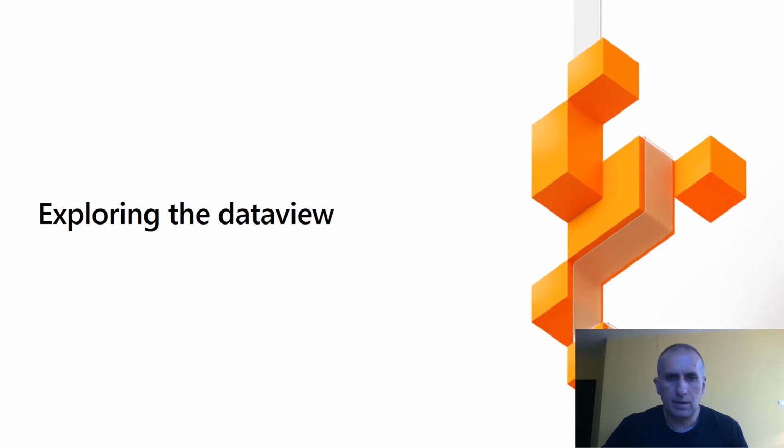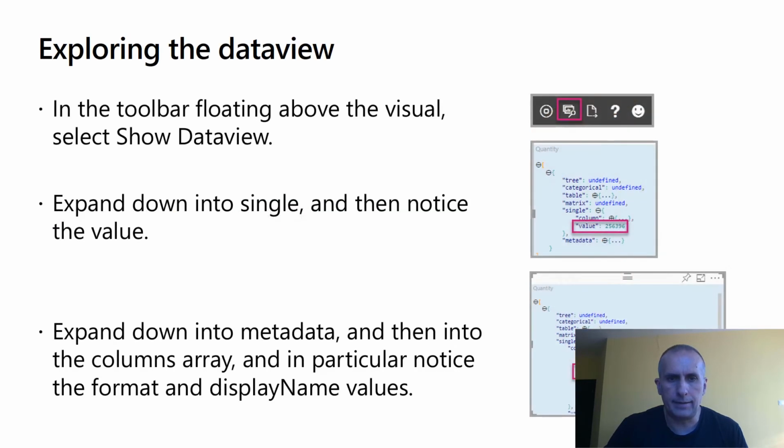Let's see now how we can use data view in our development and testing. It is very useful when we have a Power BI report and we have some component inside it, that it is possible using tools for the specific component in edit mode to see exactly what kind of data we have behind the component.